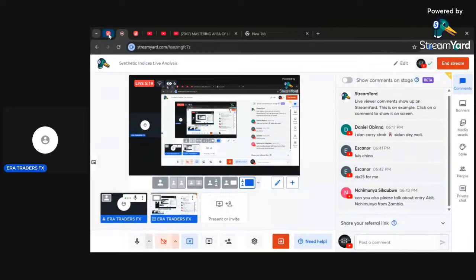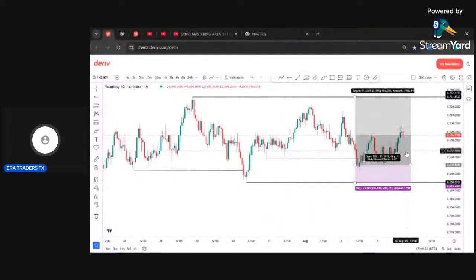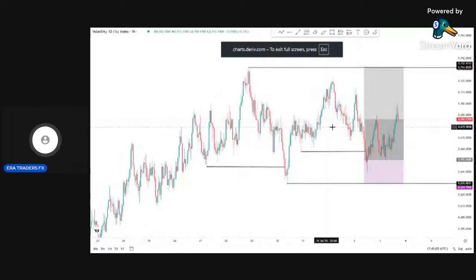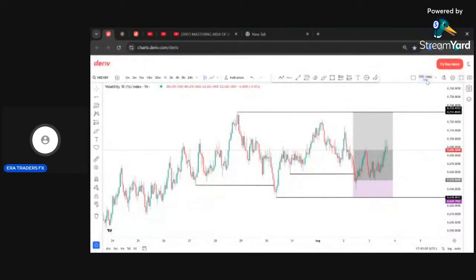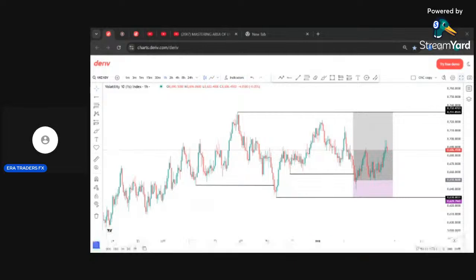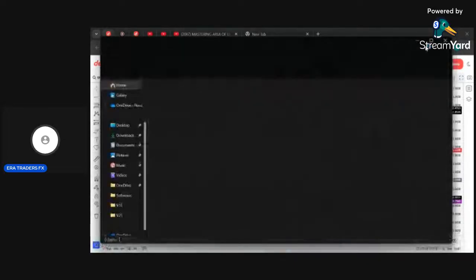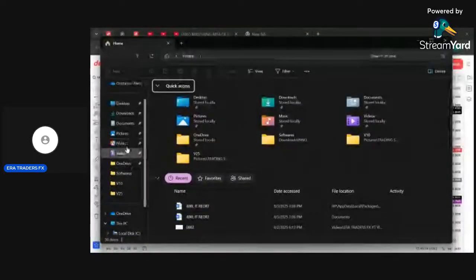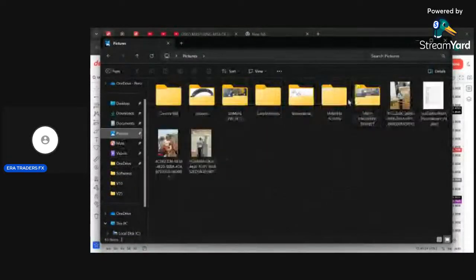Entries. All right, I'll talk about entries, no problem. So this is the setup. Let me show you guys so that it's not like I'm just saying. Today, there's a place I save setups.